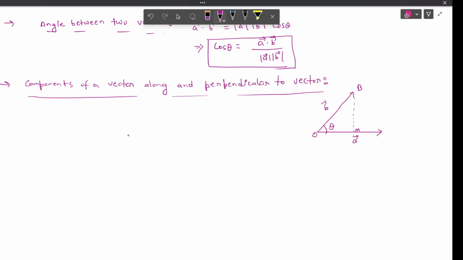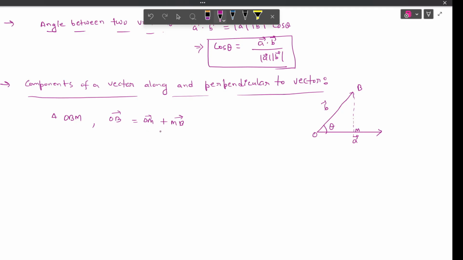Okay. So from this triangle OBM, we have OB vector is OM vector plus MB vector.